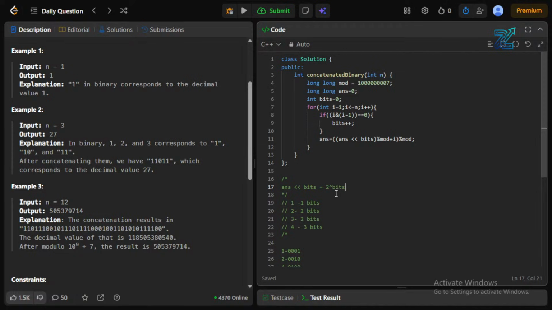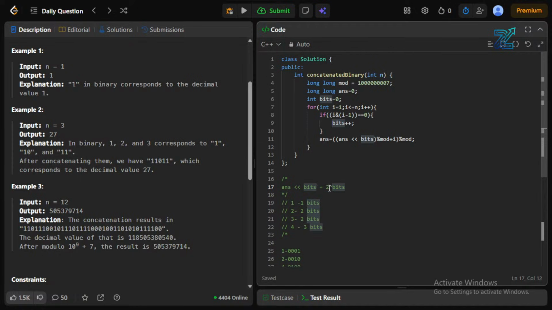Left shift means we multiply whatever we have on this side by 2 power bits. So why are we doing that? Because we are making space for new binary digits.